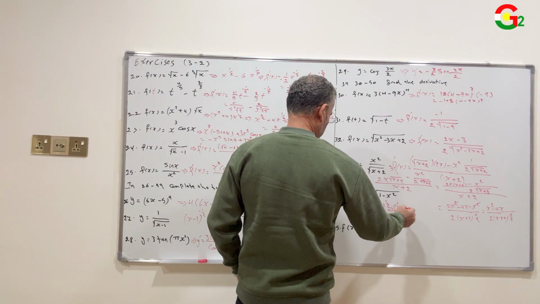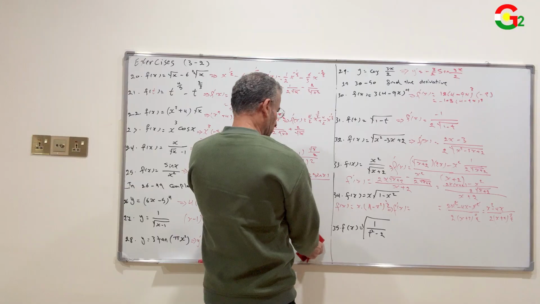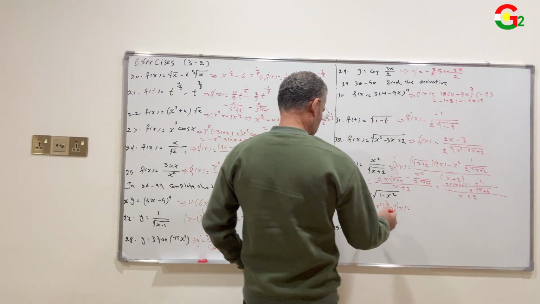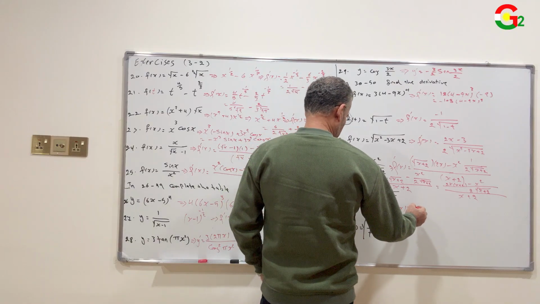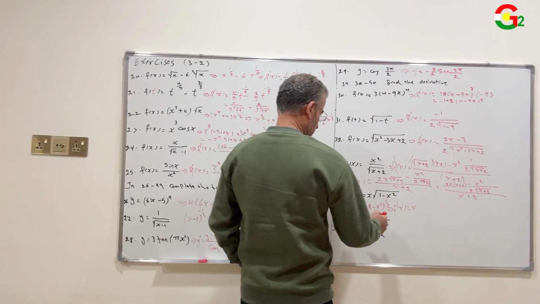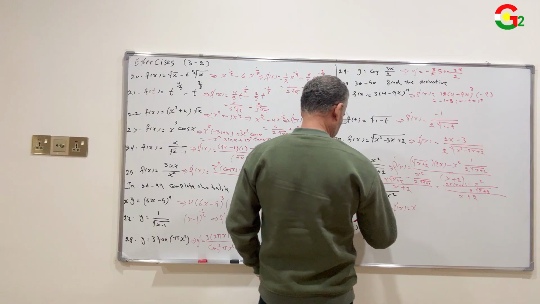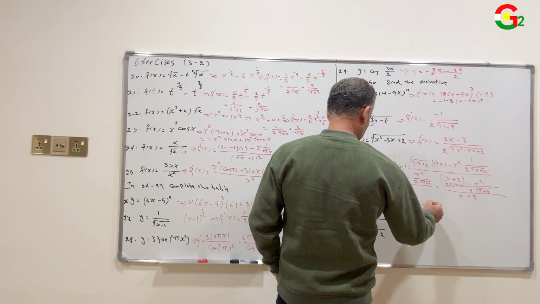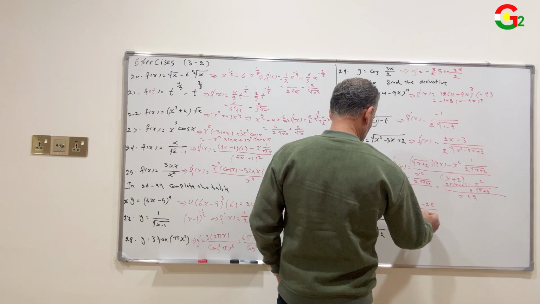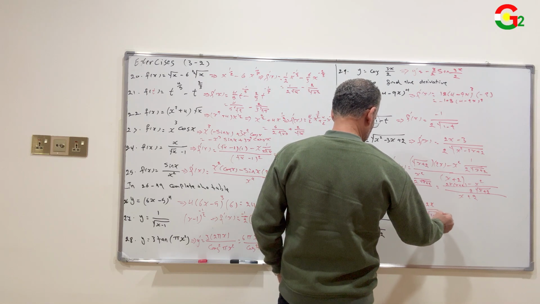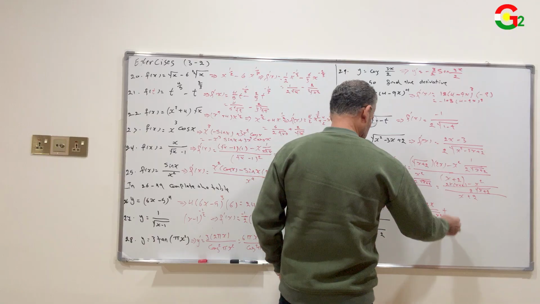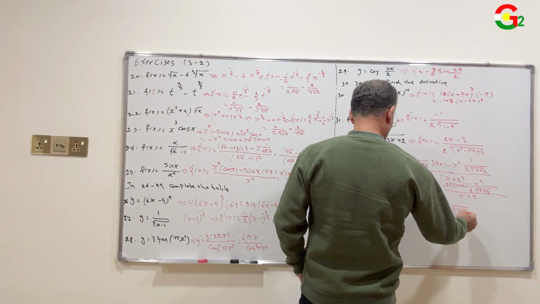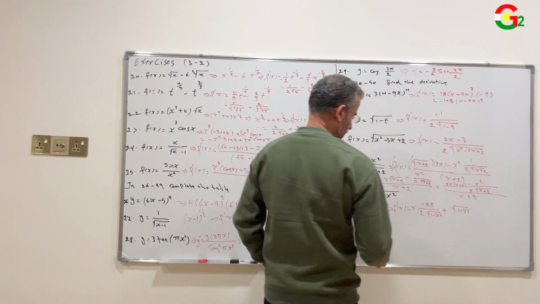Then f prime of x equals x times the derivative of the second term, negative 2x over 2 square root of 1 minus x power 2, plus square root of 1 minus x power 2 times 1.